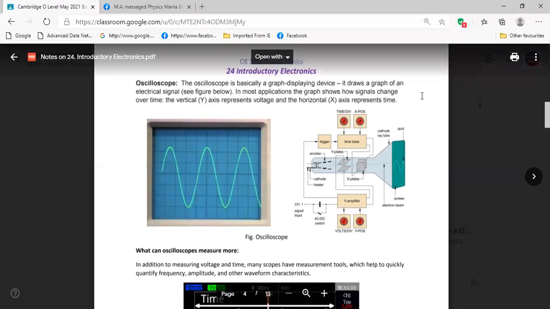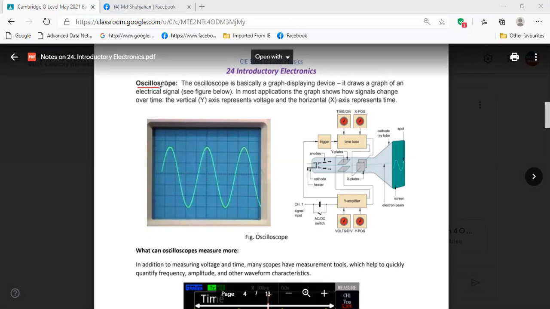Okay, how this is working, we are going to understand from the structure. It shows the graph of an electrical signal, but what is that electrical signal?